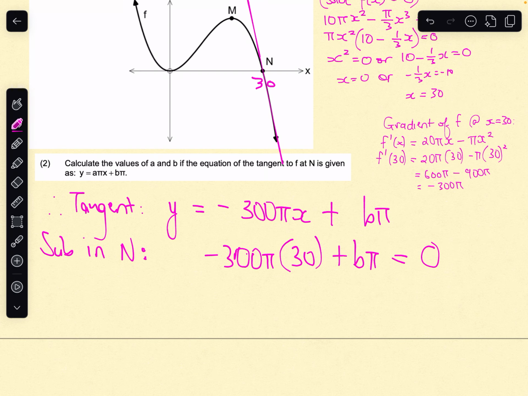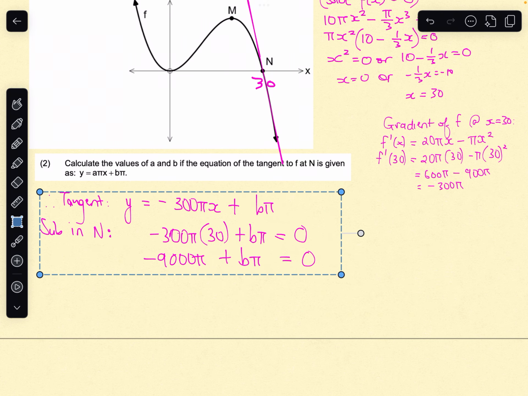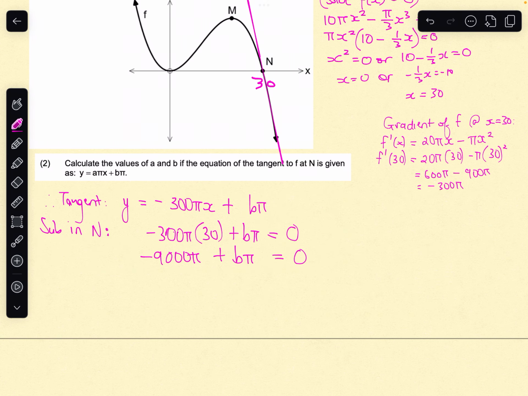Anyway, so that will now be minus 9,000 pi plus b pi is equal to 0. Again, forcing matters, refusing to go to a new page for reasons unknown to mankind. So b pi will be equal to 9,000 pi, meaning that b is equal to 9,000. We were asked to find the values of a and b.